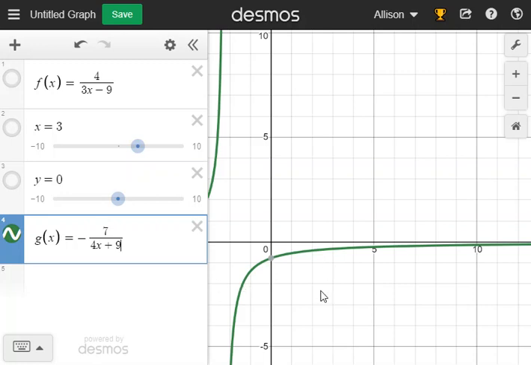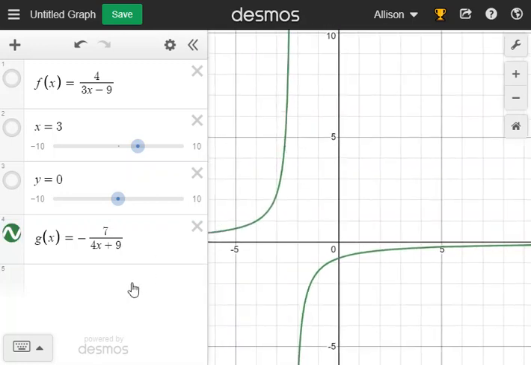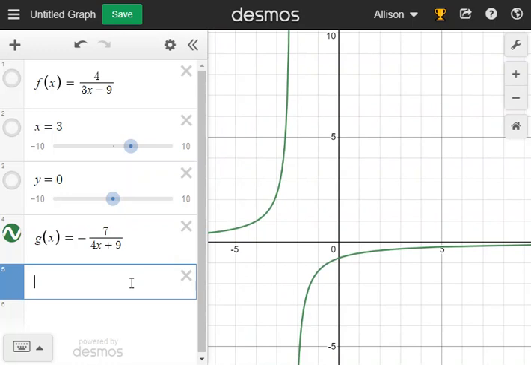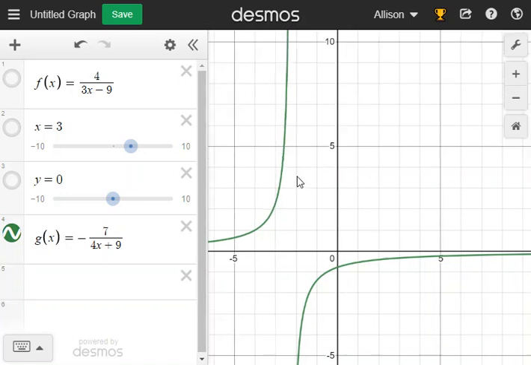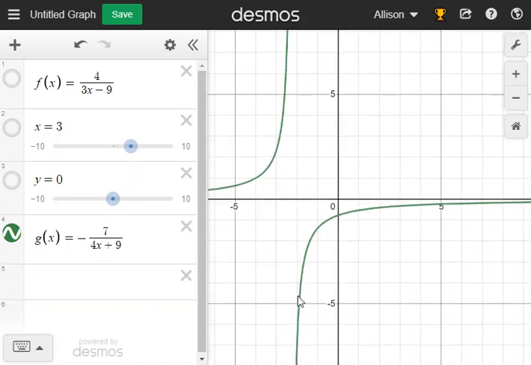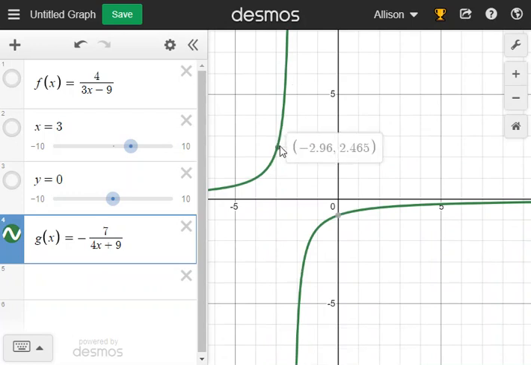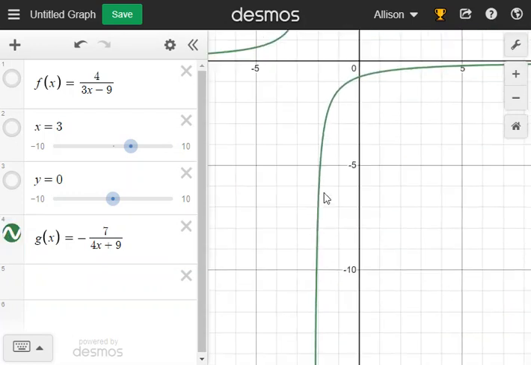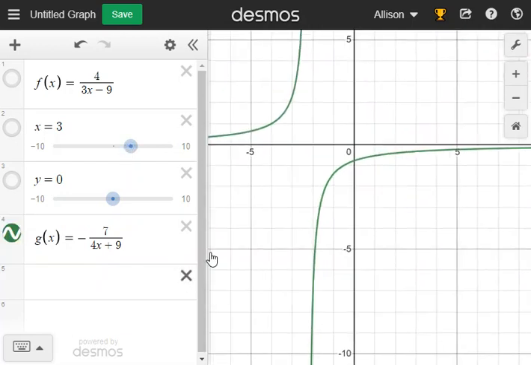Again, I just picked a function, and I want to figure out what its vertical asymptote is going to be. Now I can see it's over here. It doesn't look like it's -2 because I think I go through -2 here. It's certainly not -3. It looks like it's somewhere in between those two. So here it's harder to identify. It's probably because it's not a whole number.